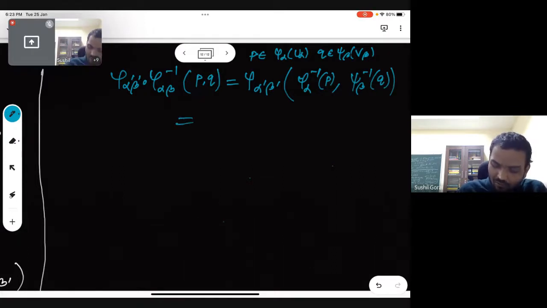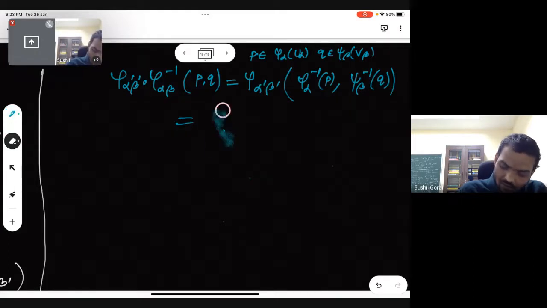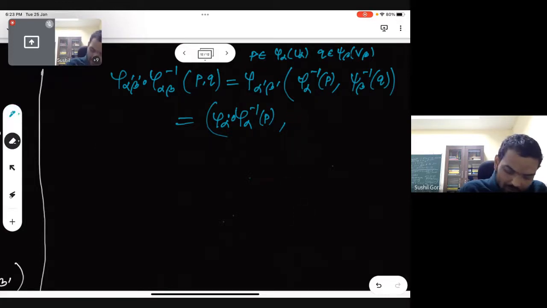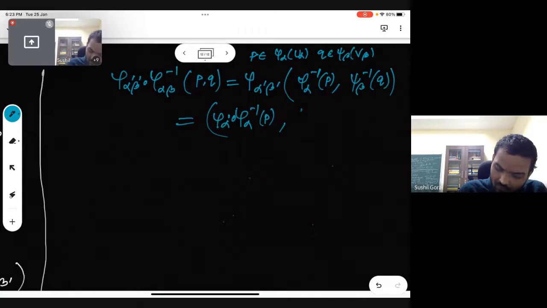And here also, if you apply psi alpha prime beta prime, it maps to the first component, phi alpha prime compose phi alpha inverse p, comma, psi beta prime compose psi beta inverse q, right?